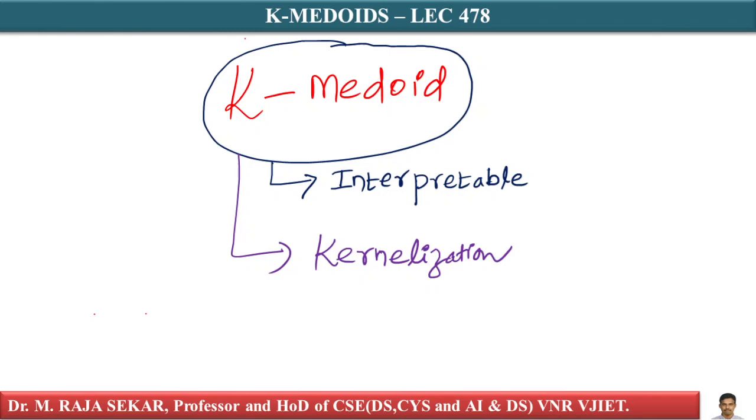Whenever somebody gives a similarity or distance metric, you can immediately use it and replace norm xi minus mj whole square by the distance between xi comma mj belonging to D. So K-medoids, in addition to making your results interpretable, helps us by making everything kernelized.